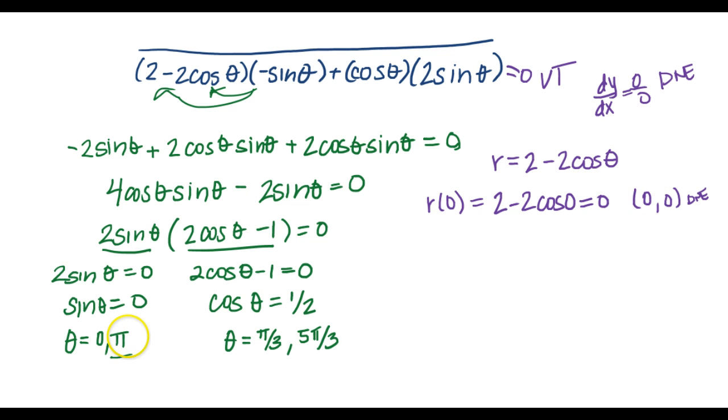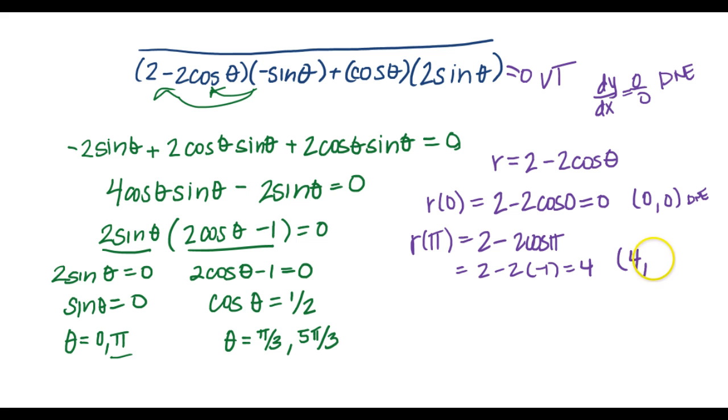So let's continue on by seeing what the coordinate point is at pi. So r of pi is 2 minus 2 cosine pi. Well, cosine of pi is -1, so 2 minus 2 times -1 gives me 4. So my coordinate point in polar is (4, pi), so that is a place of vertical tangency. And then we'll also plug in pi over 3, so 2 minus 2 cosine pi over 3.